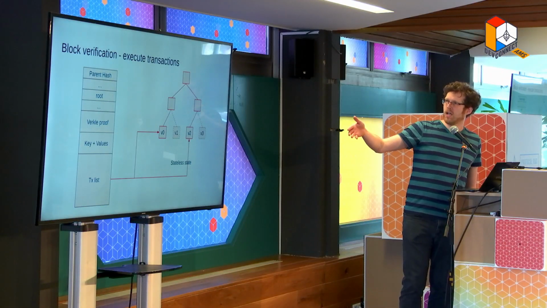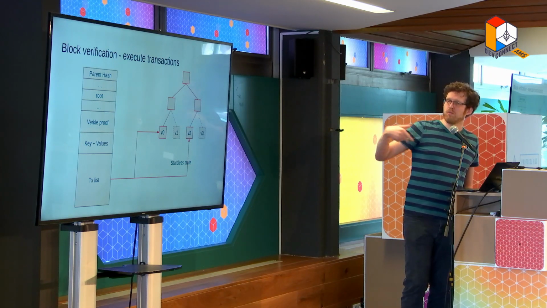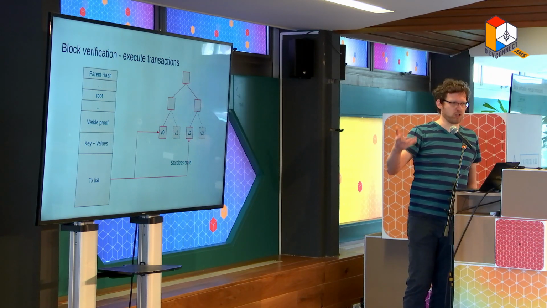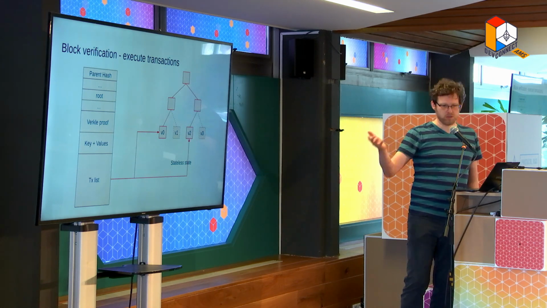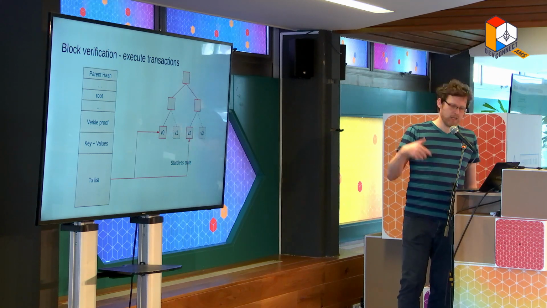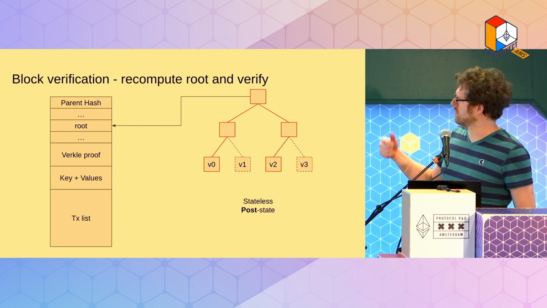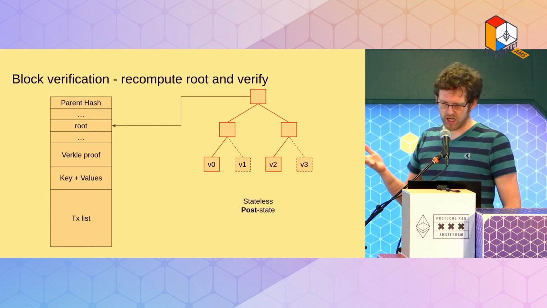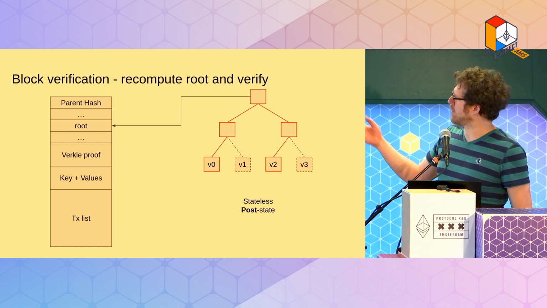You do not need the other data. The block that has been given to you made sure that you would not need those other values. If you do, then that's an invalid block. And once you updated all those values, you calculate the root commitment. So it's no longer the root hash, it's the root commitment. And you just verify that it's the same as the one passed in the block.